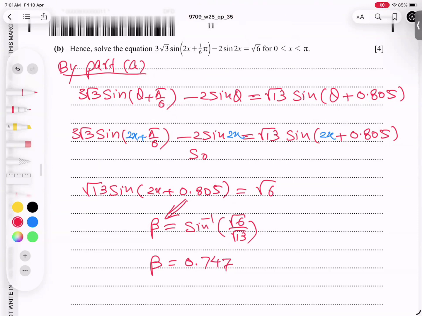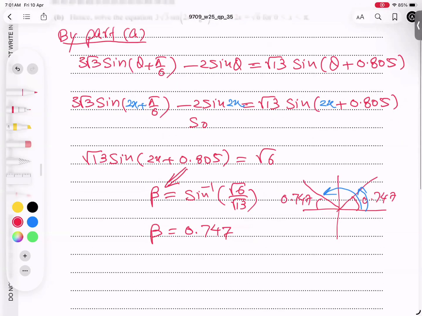I think this part is very clear, but you must know it because sine, what's the sign here? Positive. So sine is positive in the first and second quadrant. Here 0.747 and also pi minus 0.747. So my first answer is this, second answer is this.